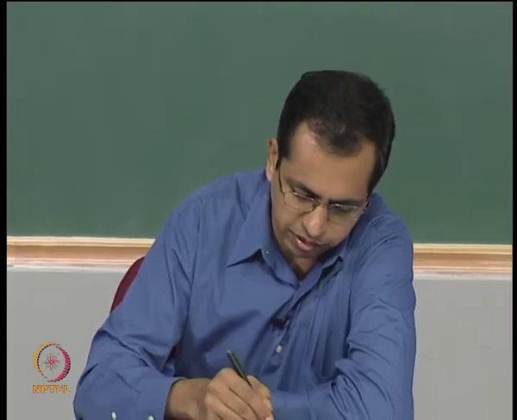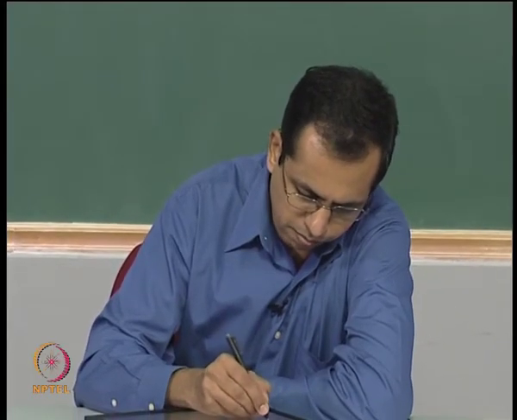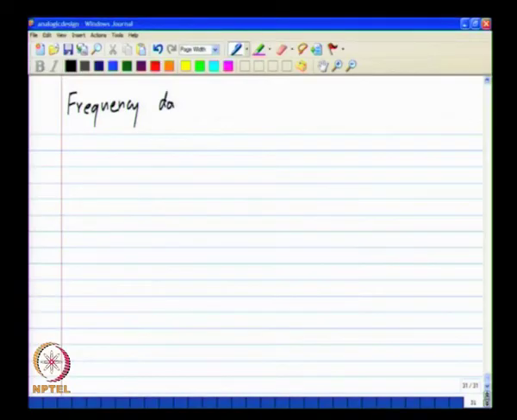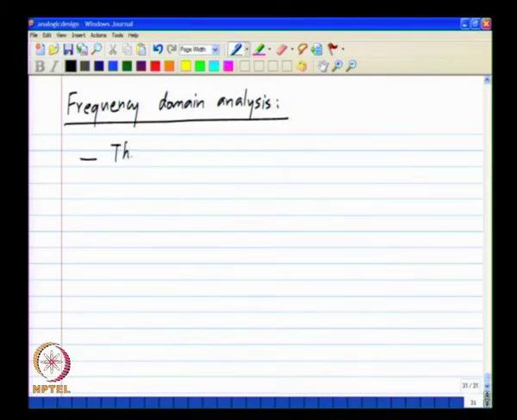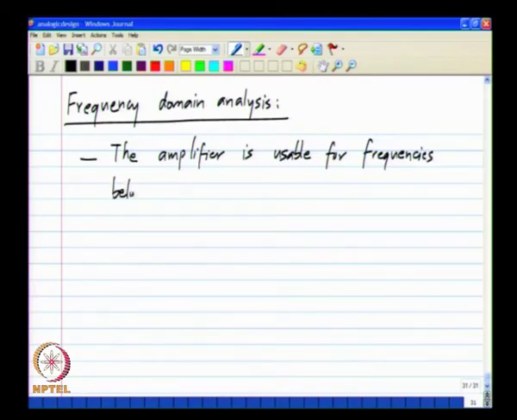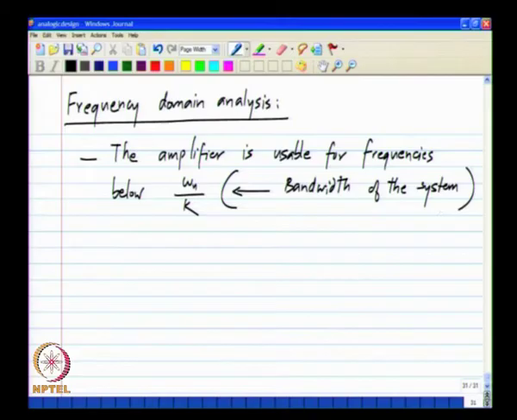So, the result of the frequency domain analysis is that the amplifier is usable for frequencies below omega u by k, which is why this is the bandwidth of the system.